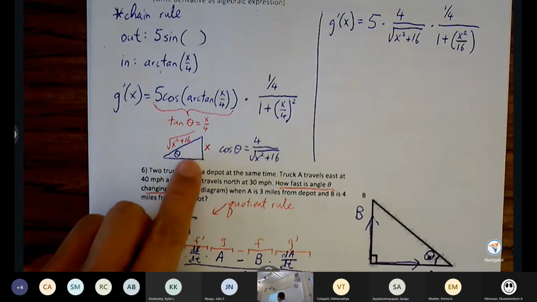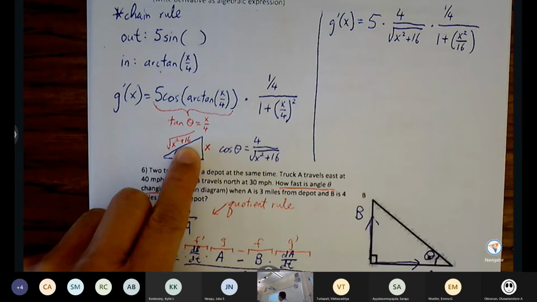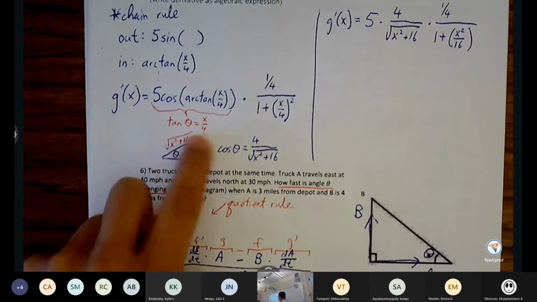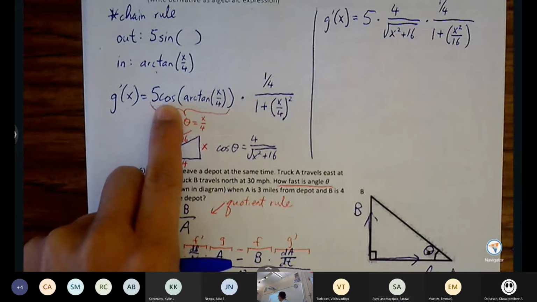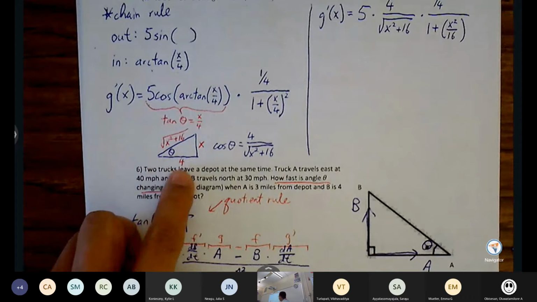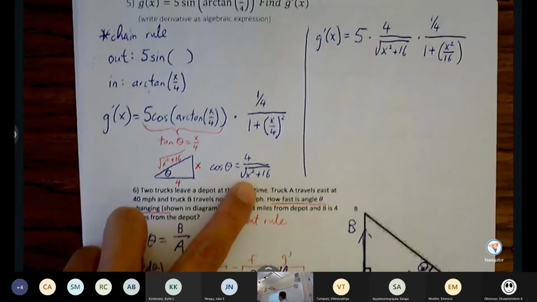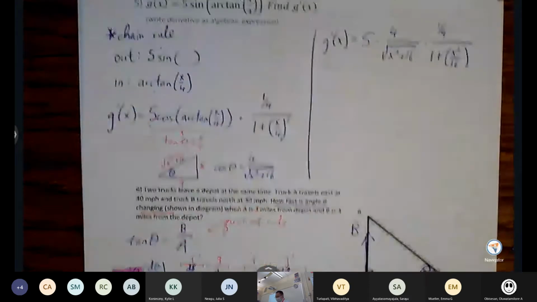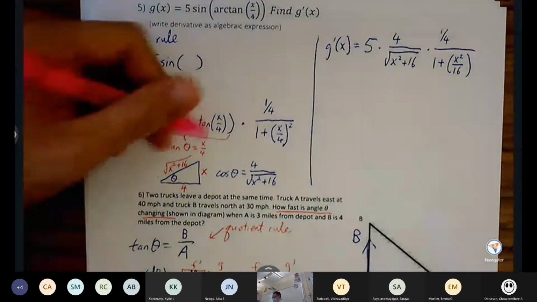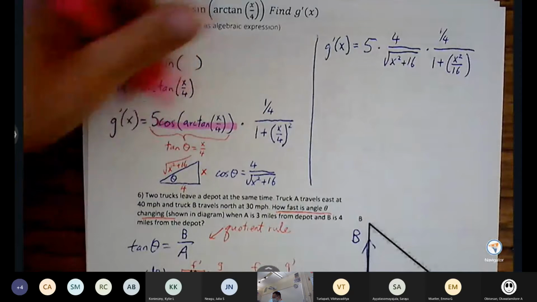And once we have that x over 4, then we can populate the hypotenuse using the Pythagorean theorem. And then once you have this triangle populated, now you can make a call as to what the cosine of this triangle is. So cosine of theta is now adjacent over hypotenuse. So this expression can now be replaced with this here.